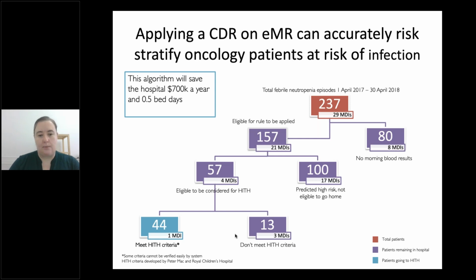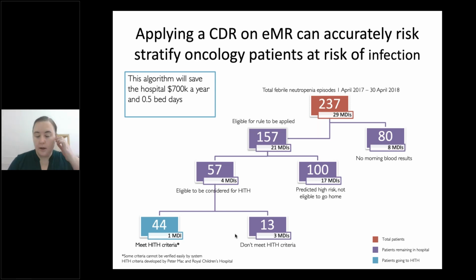The one that had a microbiologically defined infection was picked up that afternoon, so they would have been brought back straight away if they hadn't been sent home already. We did some calculations on this, and if we applied this model of care, a cancer patient with febrile neutropenia would come in and stay 24 hours.